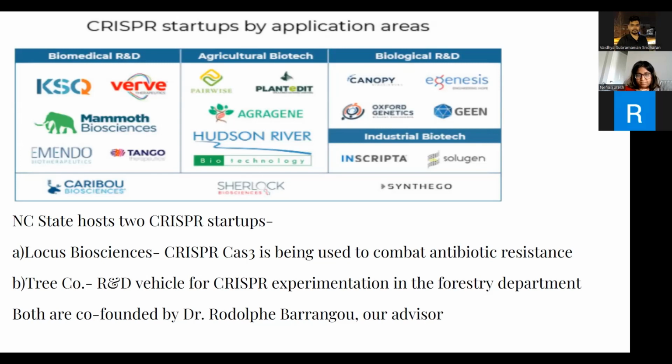I understand editing the tree genome to get more pulp, which will reduce the amount of deforestation that we do. But is there something which would increase the content of vitamins, or ensure that we get all the necessary nutrients from one food? Is something of that sort possible?